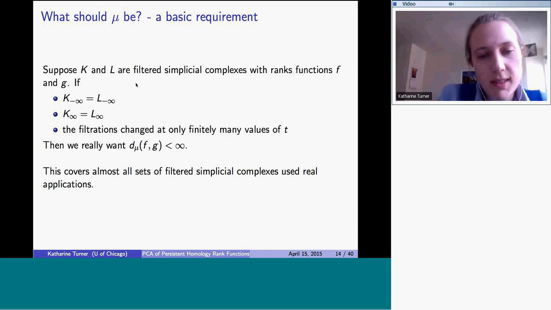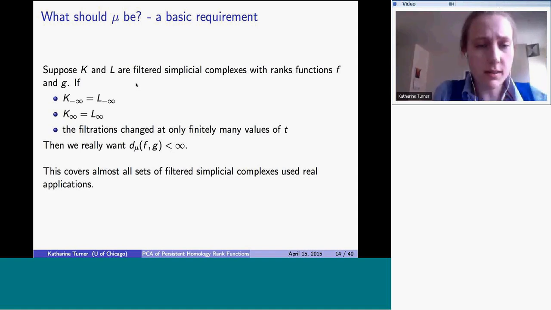The thing we really wanted to satisfy is that if we took two different simplicial complexes, and we considered the corresponding rank functions, then whenever the beginning and end states are the same, and it only changes at finitely many values, the distance between the corresponding rank functions should be finite.